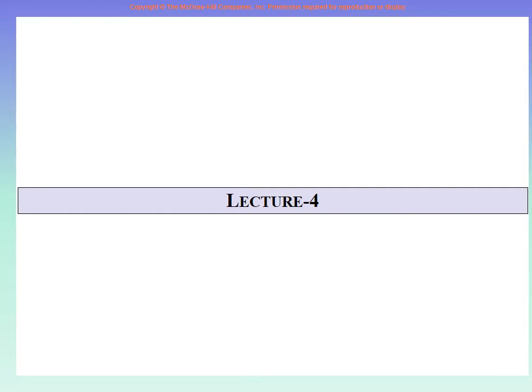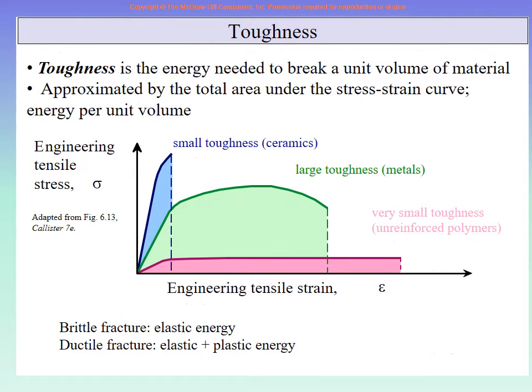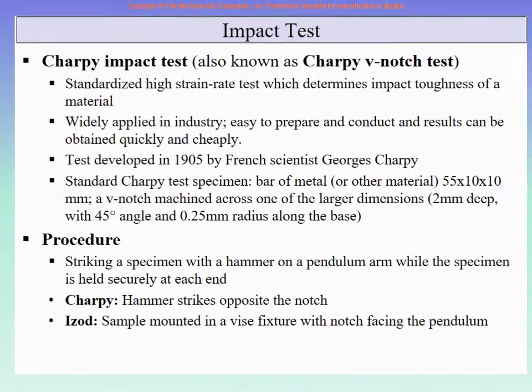So let us see very quickly a review of what we covered last time. We defined and explained resilience. Then we defined toughness, the area under the whole stress-strain curve. Then we talked of toughness and impact testing. What is impact loading? What is toughness? What is impact toughness?